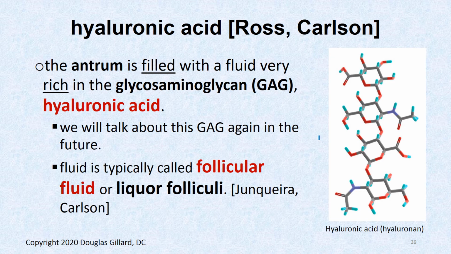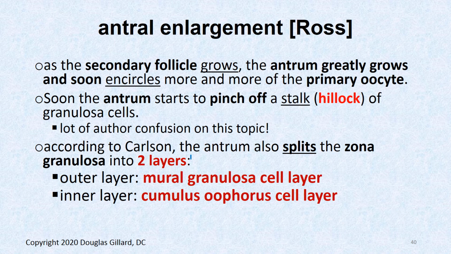And so let's look at that. The 2 layers would be an outer layer called the mural granulosa cell layer, and the inner layer would be called the cumulus oophorus layer. Crazy words, right? Got to know those words.